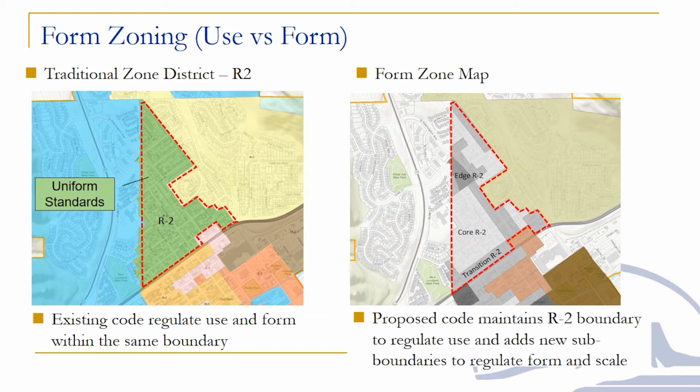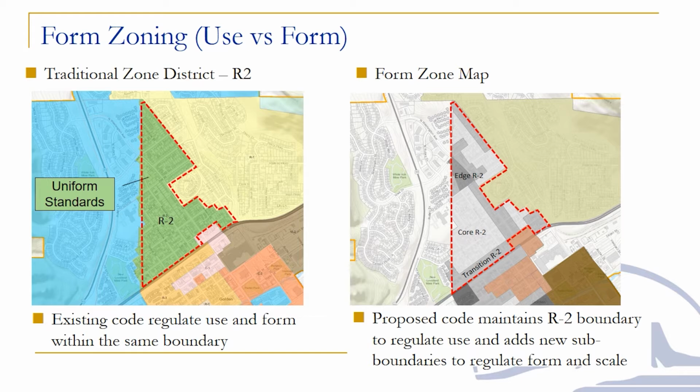The image of the map on the left is a representation of the R2 zone district today. It's a snippet from our zone district map. And it's provided to highlight that the R2 zone district is a multifamily zone district that permits, for the most part, residential uses up to a certain maximum number of units per development.